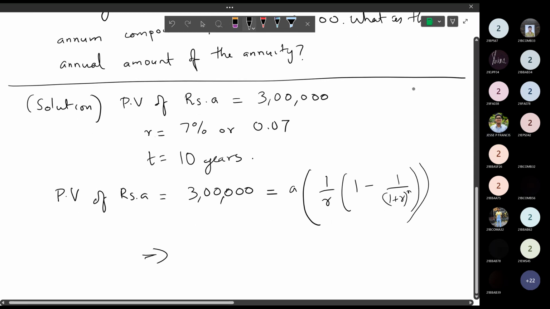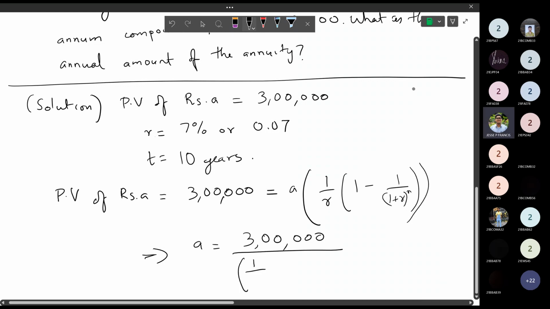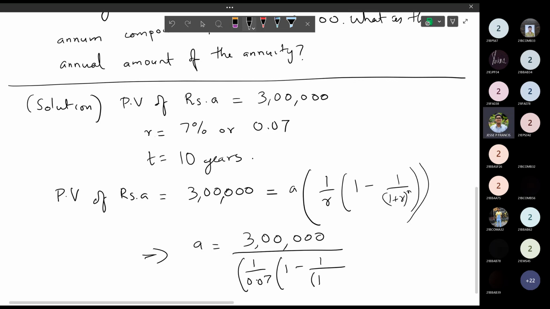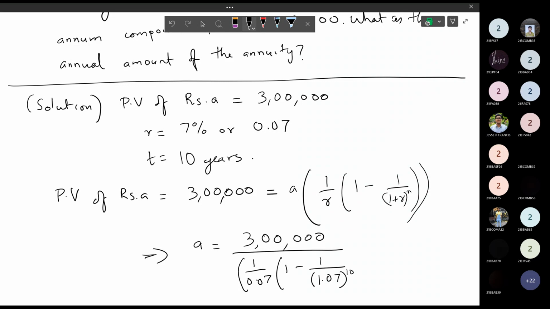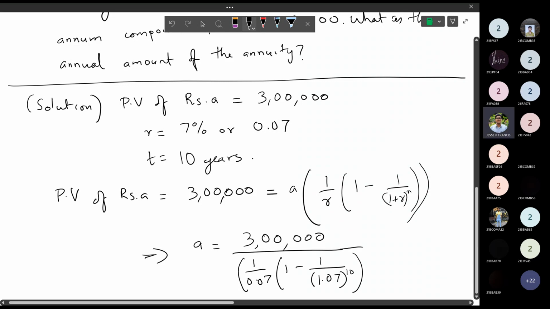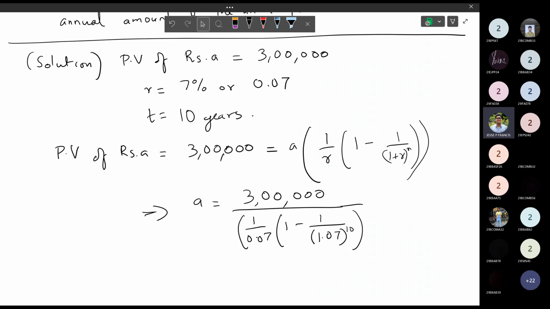This implies A is equal to 3 lakh divided by 1 by 0.07 into 1 minus 1 by 1.07 to the power n. n here is 10 years. So now, can everyone calculate and be ready with the value, so that when I tell you, you can send it in together?